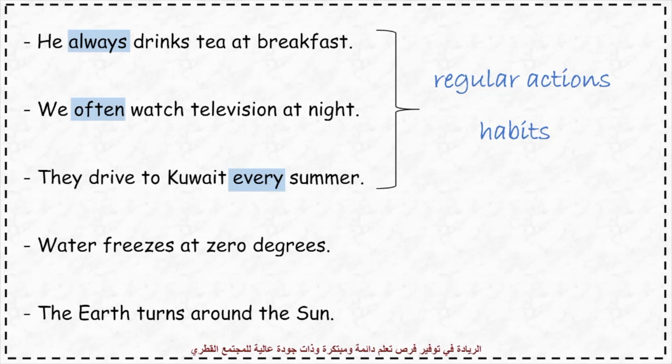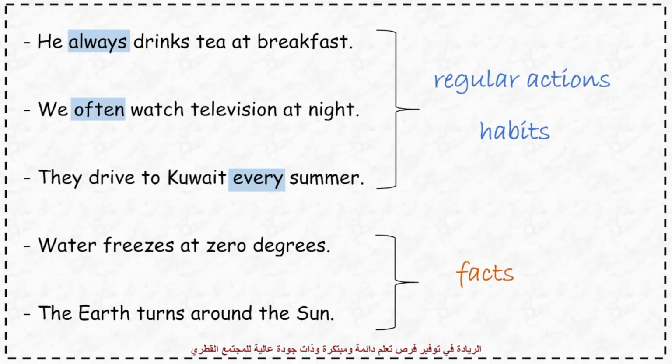Okay, let's look at the last 2 examples, which are obviously not talking about the regular actions. Water freezes at 0 degrees. And everyone knows it's a fact. And the earth turns around the sun. It's also a true fact. So it's clear that these examples express facts or truths, right?